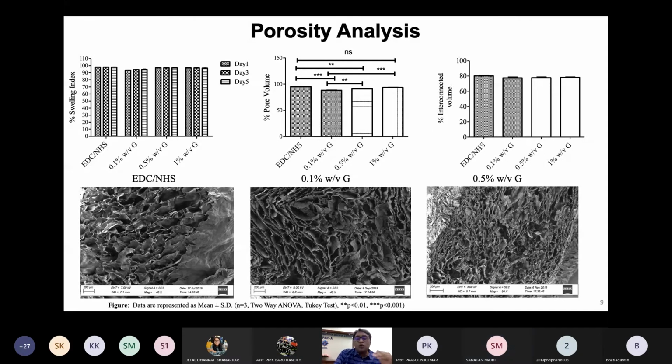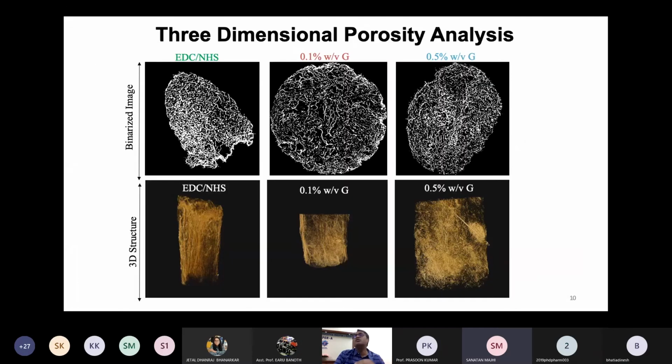We further wanted to know what is actually unique about how graphene is going to influence the porosity. And again, this is something we found a little different in microscopy analysis, where we found that when you cross-link with EDC, you see a more fibrous-like nature in the material. Though the overall free volume is the same, the nature is more fibrous.